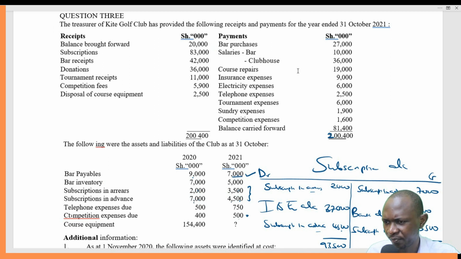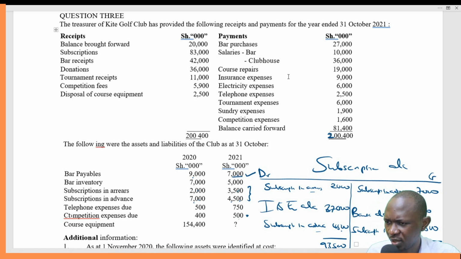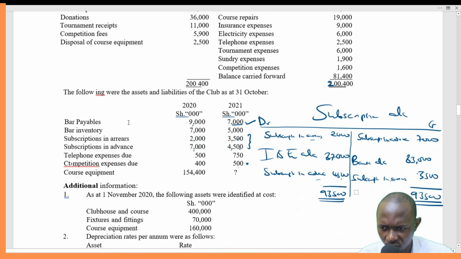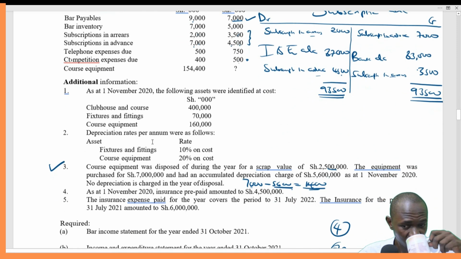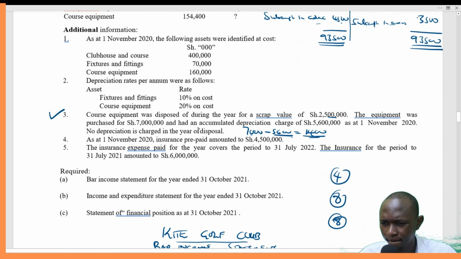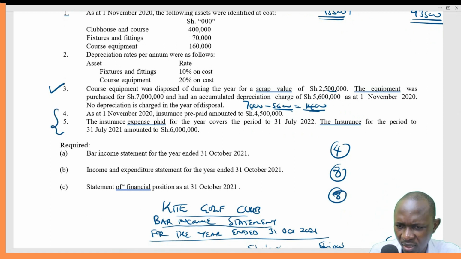Okay. So telephone expenses, 2,500. Telephone expenses? No, insurance expenses, that's where we are. Insurance expenses, 9,000. That's what we paid, and I think there's a lot on insurance. Yes, there is insurance, and we have 2 items here talking about insurance.